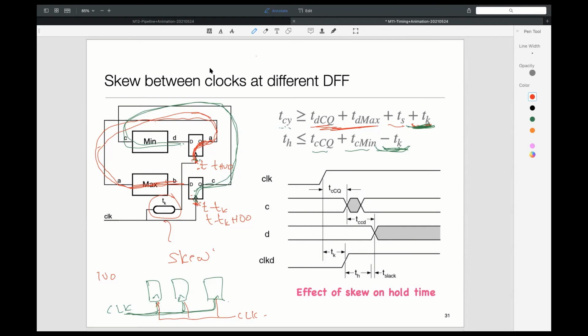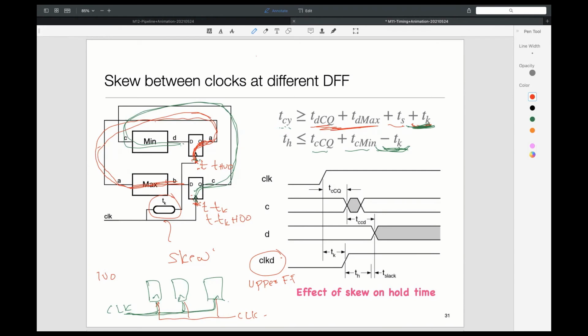The bottom flip-flop sees the clock CLK as it is, but the upper flip-flop is seeing the clock after a bit of a delay, and let's call it clock D. So this is as seen by the upper flip-flop, right? So the clock has been shifted as seen.